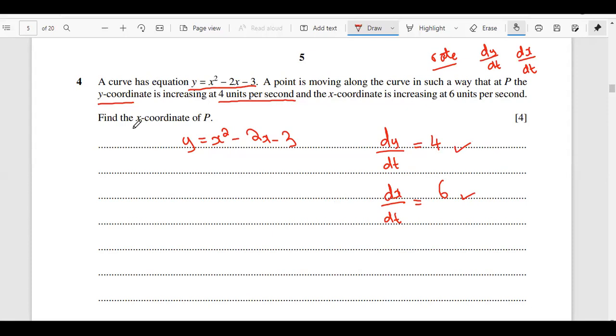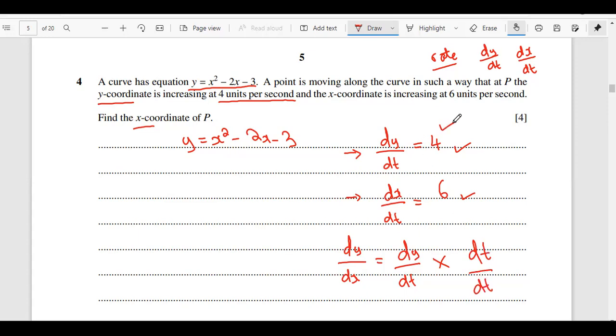Now, what is the question? They want you to find the x coordinate. Using this and this, I can write dy by dx. How? I can write dy by dt multiplied by dt by dx.